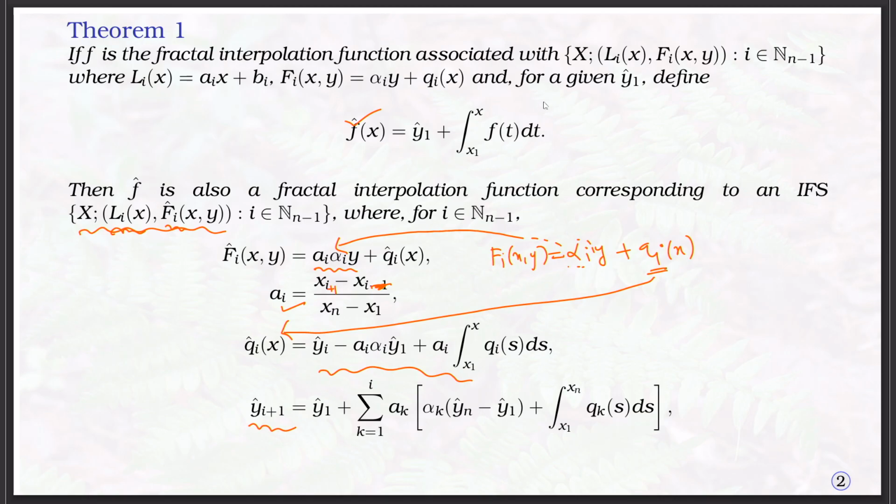At this point we are given y1 cap, that means we are fixing this y1 cap, then the remaining y cap of i plus 1, where i equal to 1 to n minus 1, will be generated by using this equation. Once this theorem is proved, then we can generate the new interpolation function through the given interpolation function for the given set of data points.